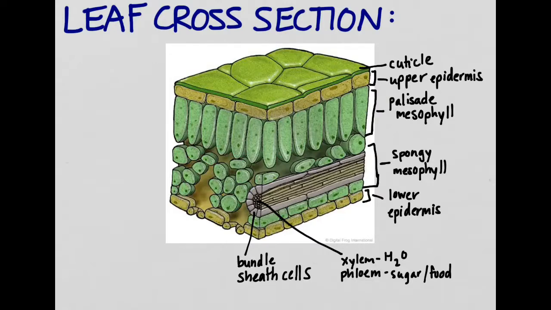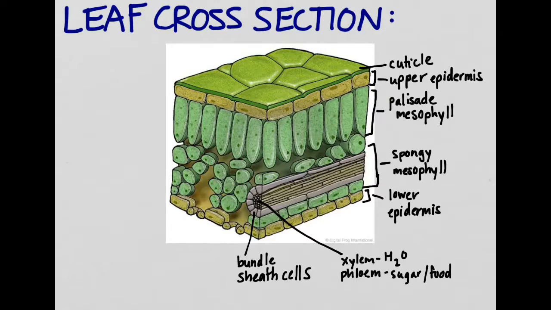So we can divide our mesophyll into two layers, as I said, the palisade and the spongy layers. The palisade cells are going to look more columnar, and they're going to lie just under that epidermis. Then our spongy cells are going to be more loosely packed together. As you can see, there's some space in between them.